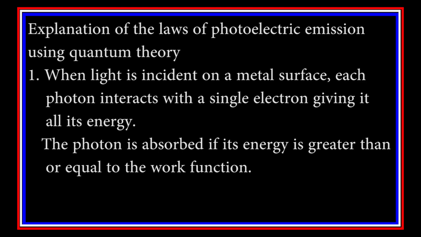When light is incident on a metal surface, each photon interacts with a single electron, giving it all its energy. The photon is absorbed if its energy is greater than or equal to the work function.